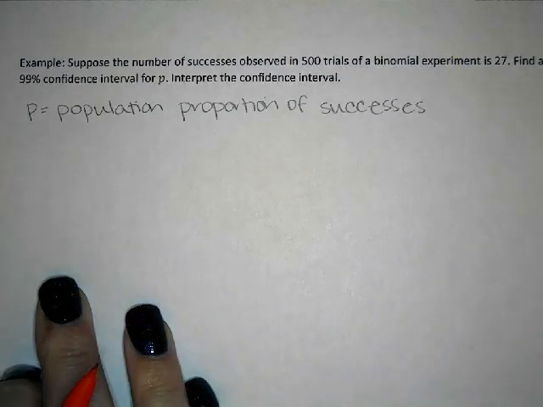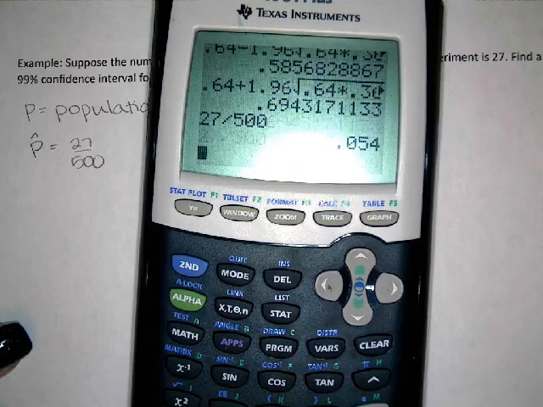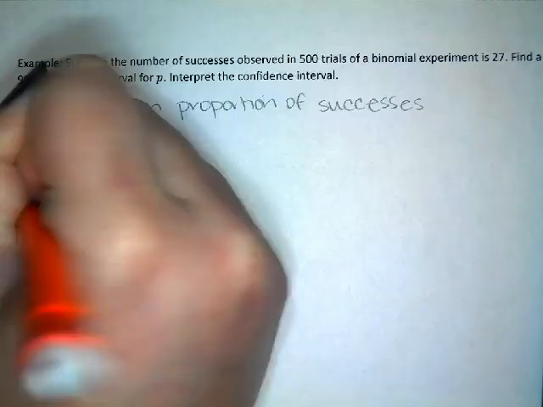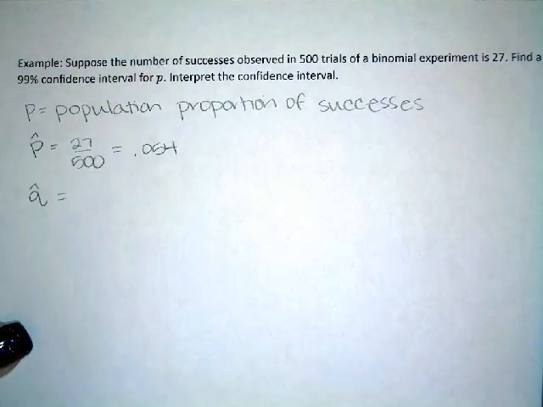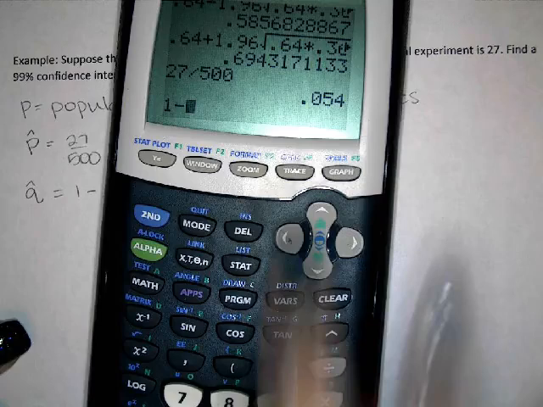P hat is the sample proportion of successes, which we know was 27 over 500, 0.054. Q hat is the complement of P hat, so 1 minus 0.054, which is 0.946.